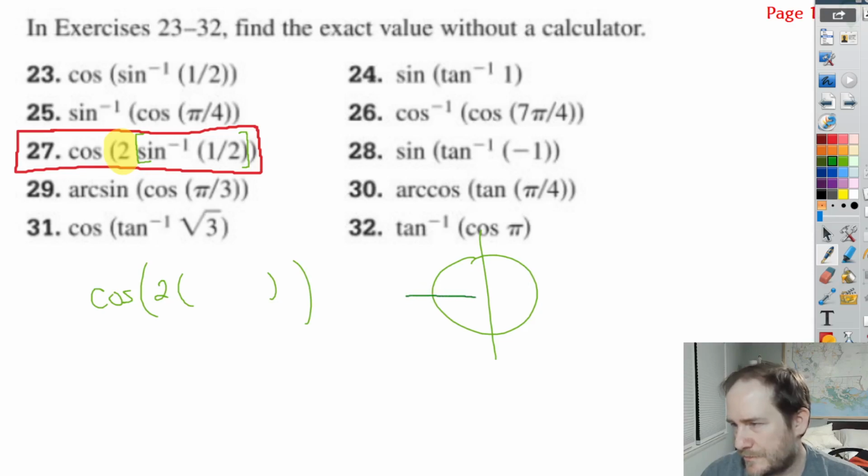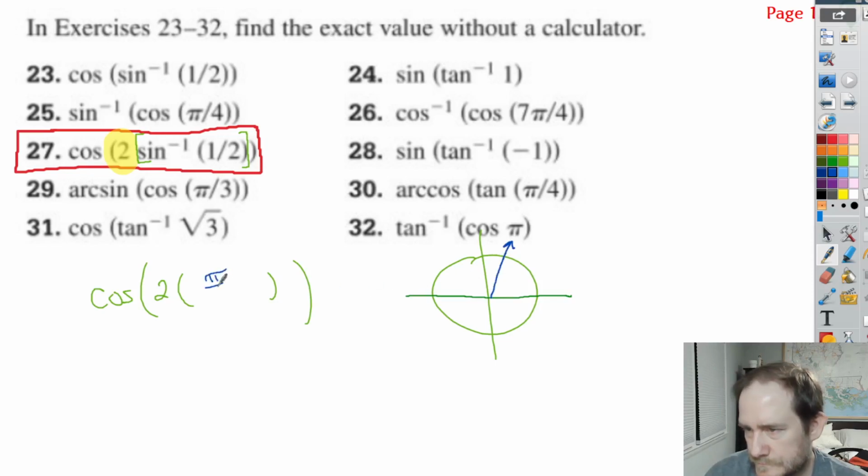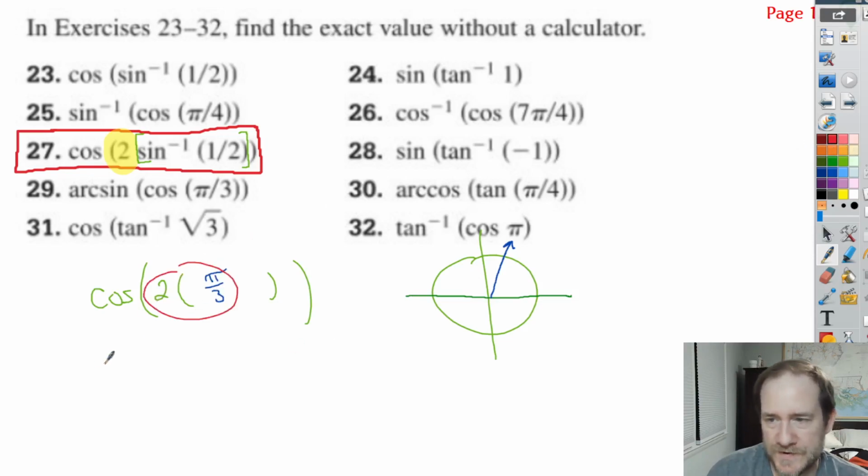You should probably have it memorized by now since we've done a bazillion of these, but pretty sure x is a half here. 60, right? Yeah, so pi over 3. But wait, there's a 2. So the 2 kicks in now, and we're doing the cosine of 2 pi over 3.